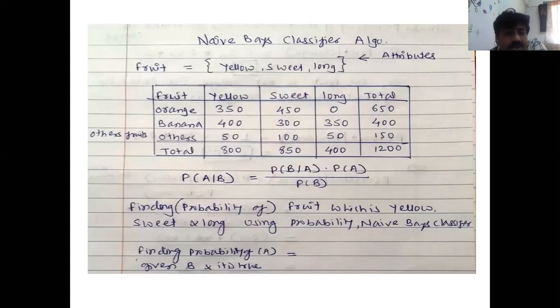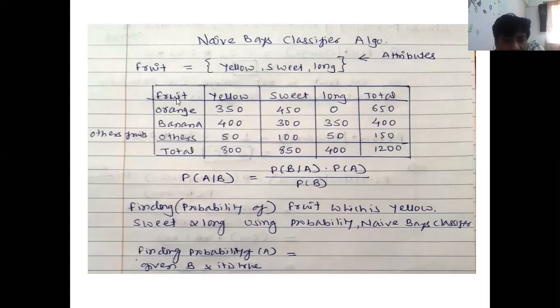Okay. So a data sample example: fruit is equal to yellow, sweet and long. These are the three attributes: yellow, sweet and long. We need to compute this. We need to find out the probability that the fruit should be yellow, sweet and long from this given data set. So the data set is what?